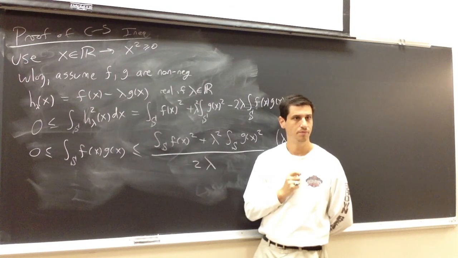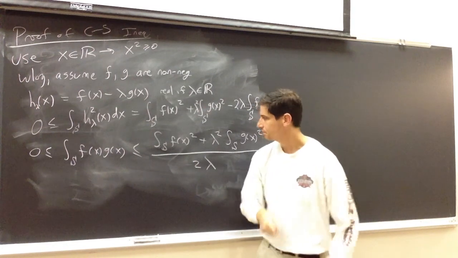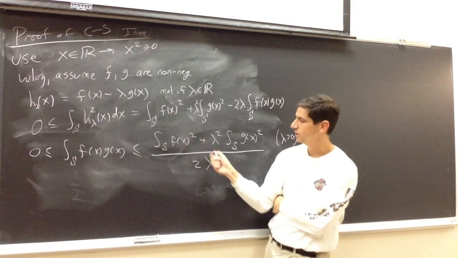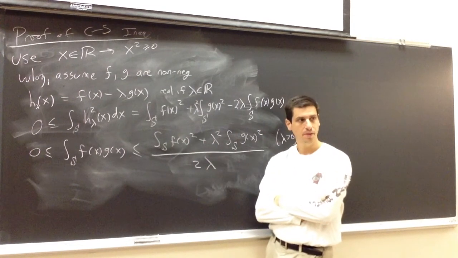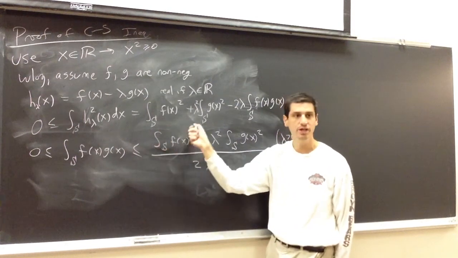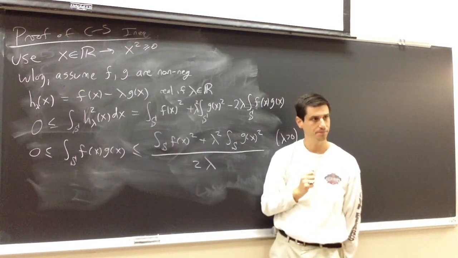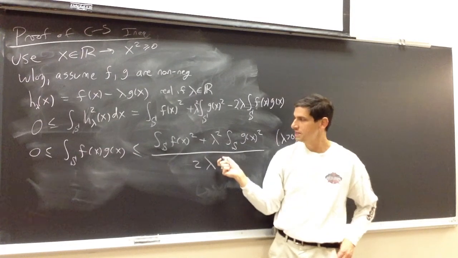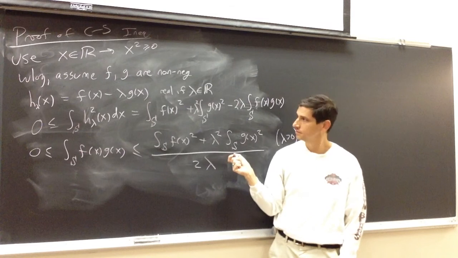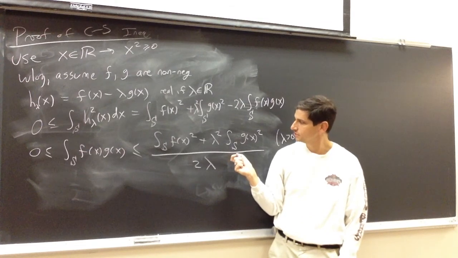So we have lots of different choices. I've got the integral of f squared. I'm dividing by lambda. What am I trying to compare this to? I'm trying to compare it to the integral of f squared times the integral of g squared. What would be a natural thing to take for 1 over lambda?